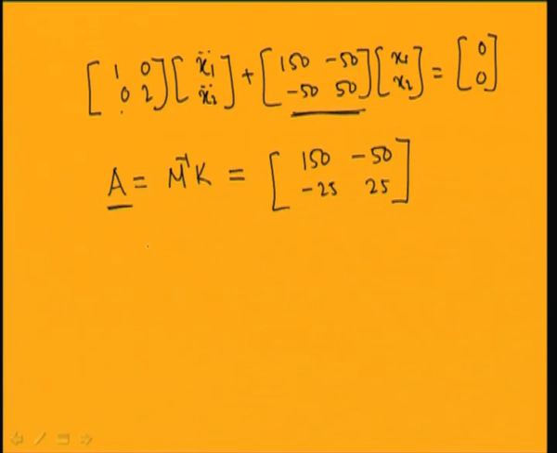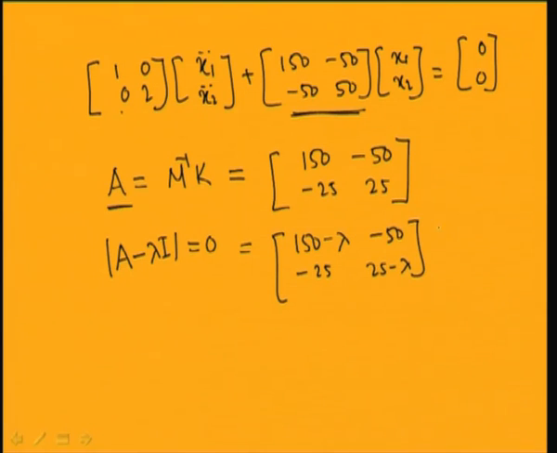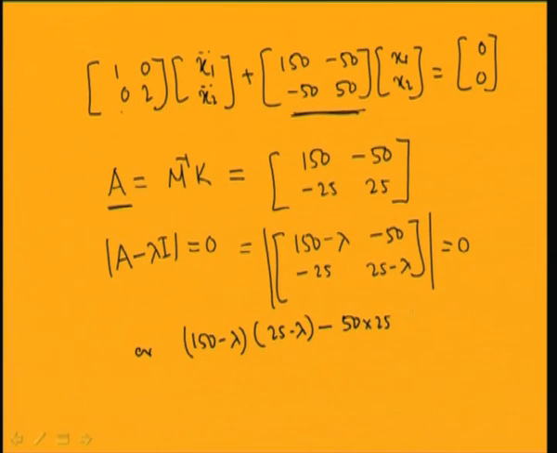To find the eigenvalues and eigenvectors, we make the determinant of A minus lambda I equal to 0, which gives 150 minus lambda, minus 50, minus 25, 25 minus lambda. The determinant of this equal to 0 gives 150 minus lambda into 25 minus lambda, minus minus 50 into minus 25, equal to 0.